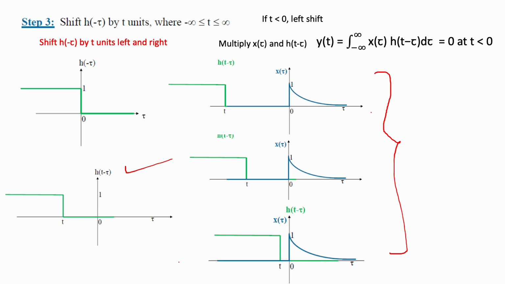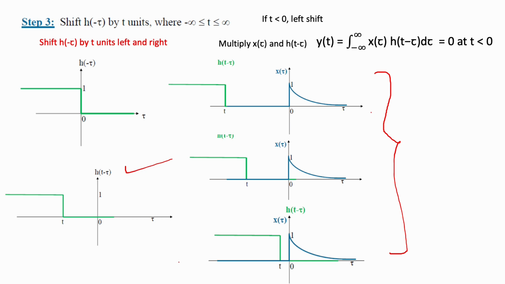Take the product between x of tau and h of t minus tau. At each and every step, there is no common area. This is the input, this is h of t minus tau. No common area. What will happen? The product will be 0 for t less than 0. So, the t we placed only on the negative side.